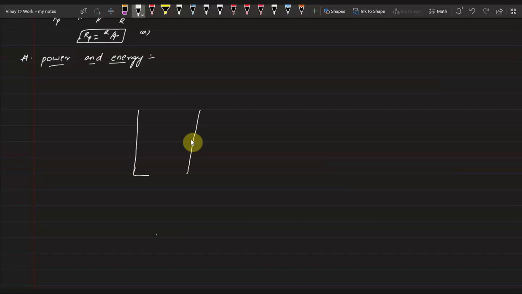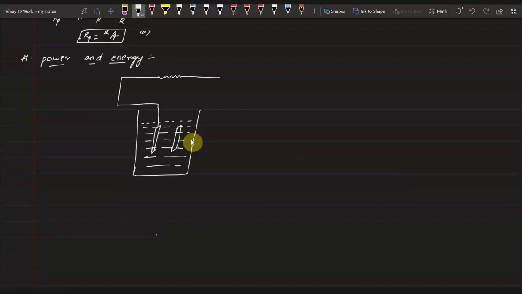A battery, or a cell, consists of some electrolytic solution. Inside this electrolytic solution, we have two plates, namely the cathode and anode. And these two are connected to an external resistor of resistance R.